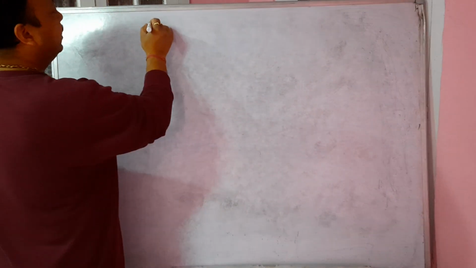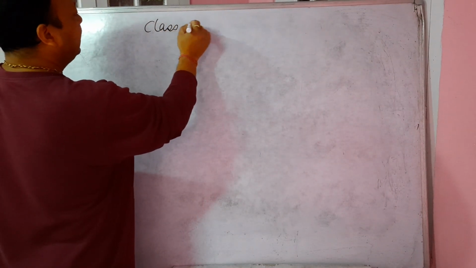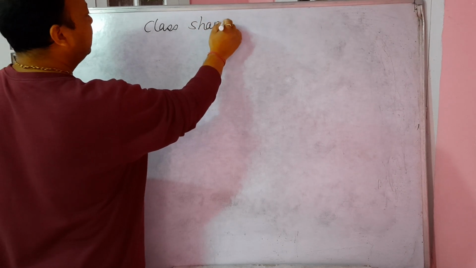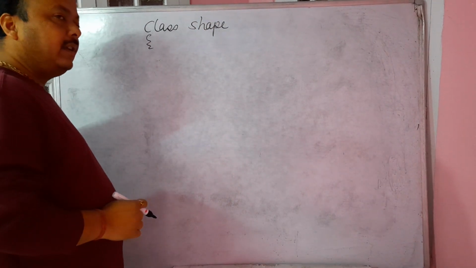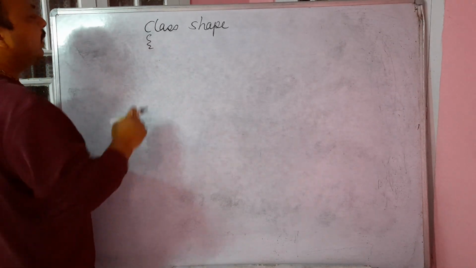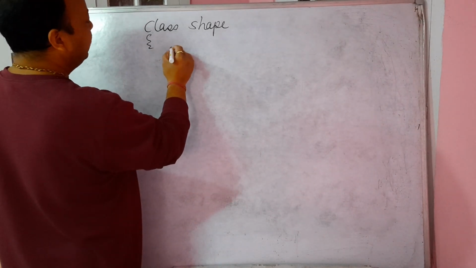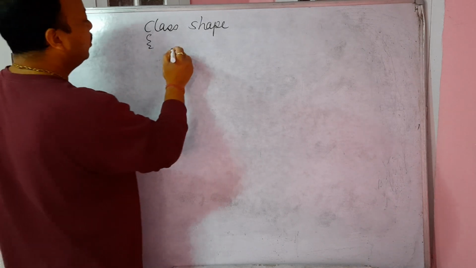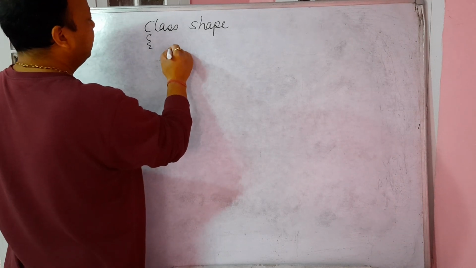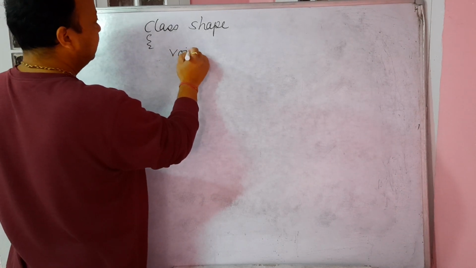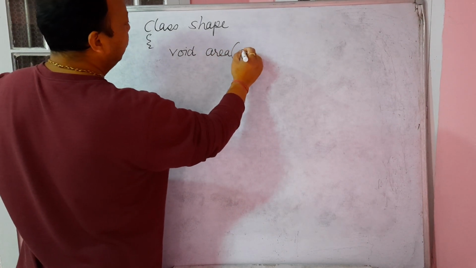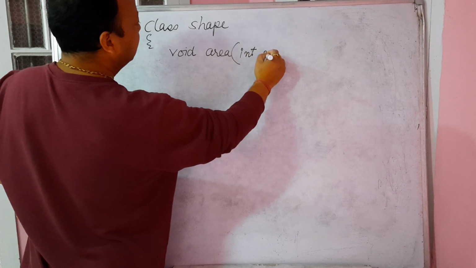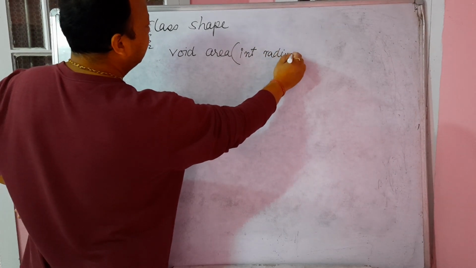So we have here class. This time I am writing class Shape, because we may calculate the area for different shapes. As I told you, we will take void area, and what are we accepting now? The radius value.